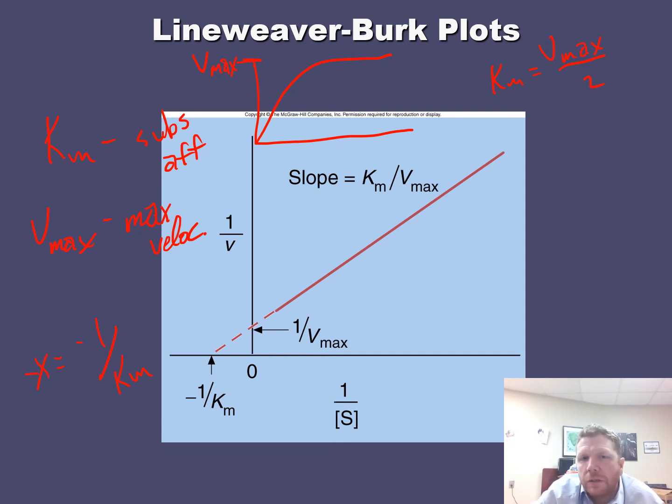So to predict my Km, I see the area where my velocity plateaus, and that's my Vmax. I draw that across, and then I ask, what's my Vmax divided by 2 on my y-axis? Well, it's about right there. Then I draw a line down, and here is my Km, because my Km is equal to the substrate concentration where my velocity is Vmax divided by 2.